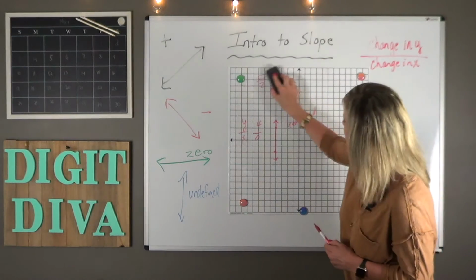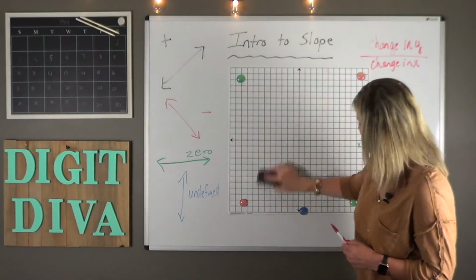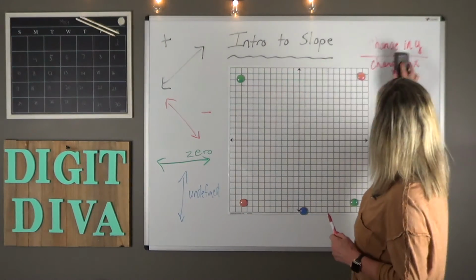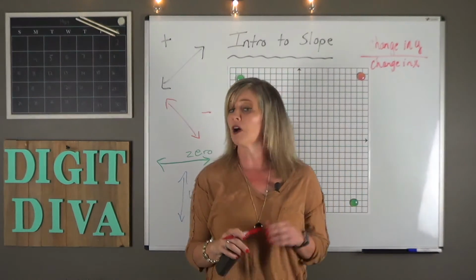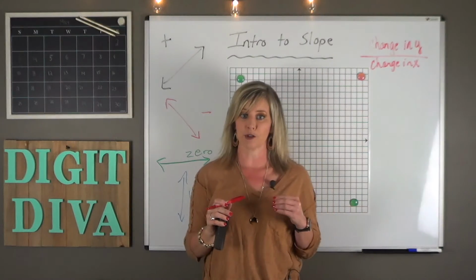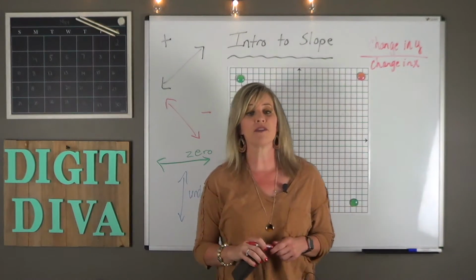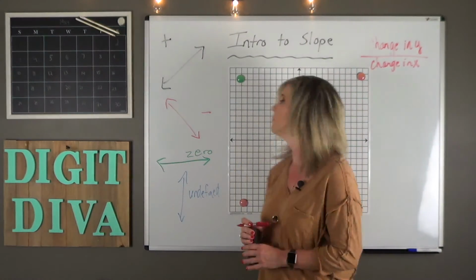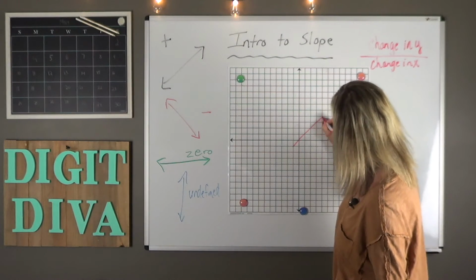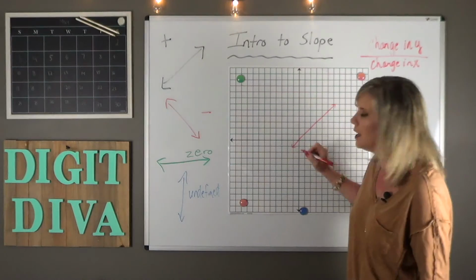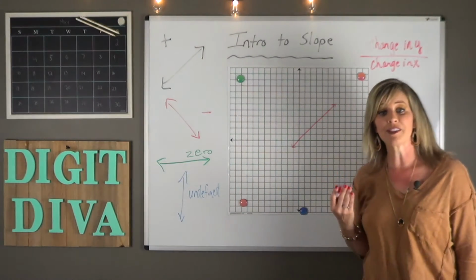All right. Now, I want to do something a little bit different. Let's pretend you do not have points on your line. What are we going to do if there are no points on your line? Let's say you have a line that looks like this, and you are asked to determine the slope.